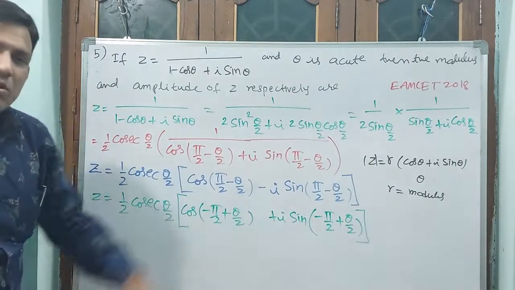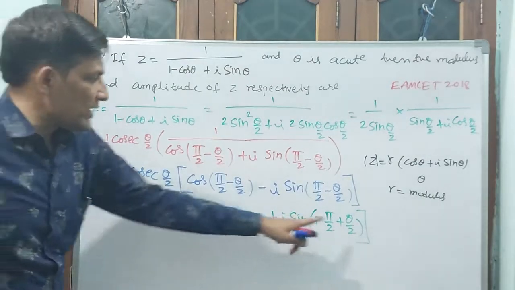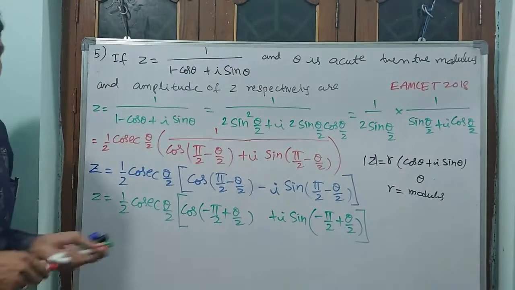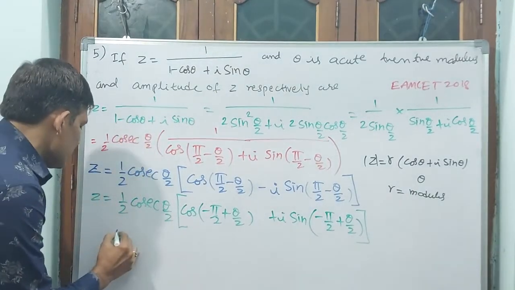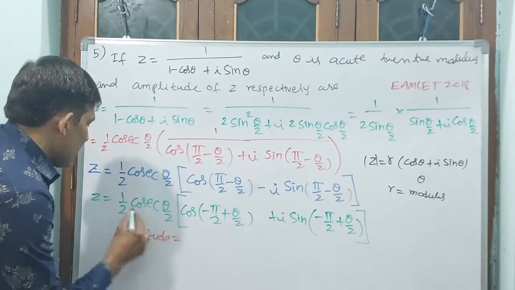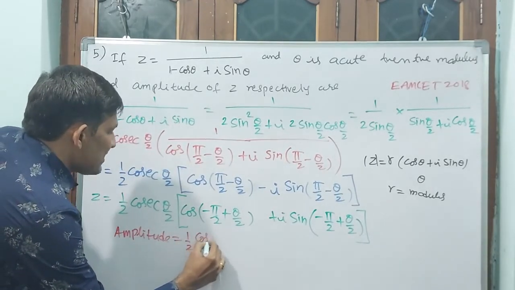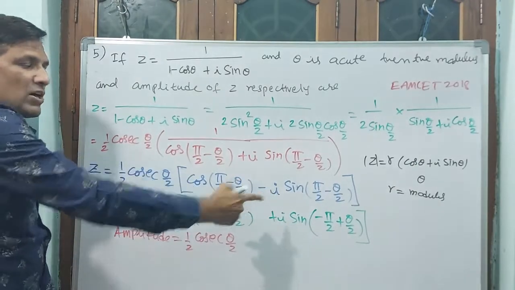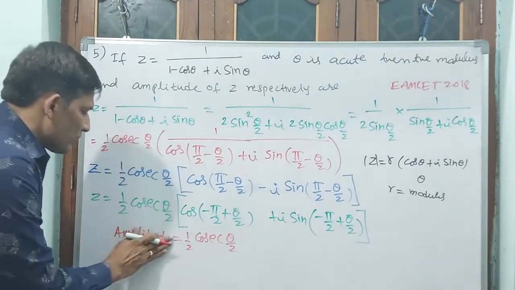Now is it in CIS form? Definitely it is in CIS form. Theta is also okay, both are same. Now you can write the answer. What is the answer? Amplitude is equal to 1 by 2 into cosecant theta by 2. This is amplitude. Not amplitude, this is modulus.